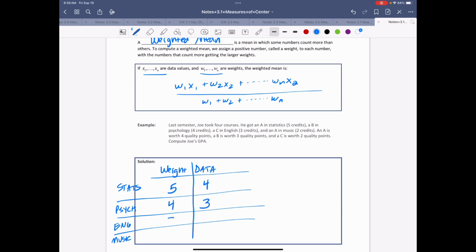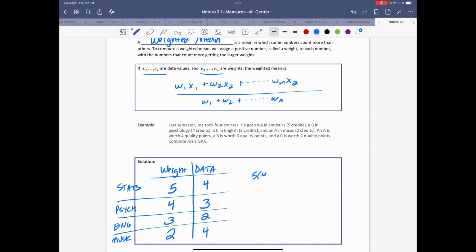English, the weight is 3. He got a C, 2 points. And music, the weight is 2. It's a low credit course, but the data, he got an A again. So the data is 4. Now, what you're going to do when you're doing this, you're going to multiply weight times data.